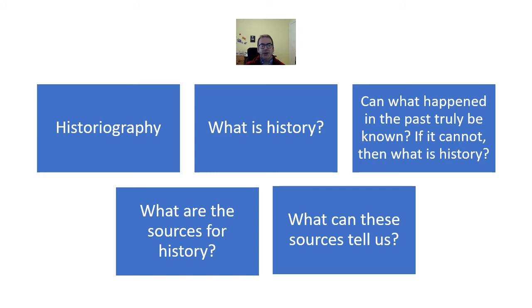I also want you to think about, what are the sources of history? So I've already talked about this in the previous slide, but I want you to go into a little bit more detail. And again, if you haven't had a history class, just try and guess the answers to some of these. And then when you think about what the sources are, what can they tell us? Probably more importantly, when you think about this, is what can these sources tell us and what can they not tell us?